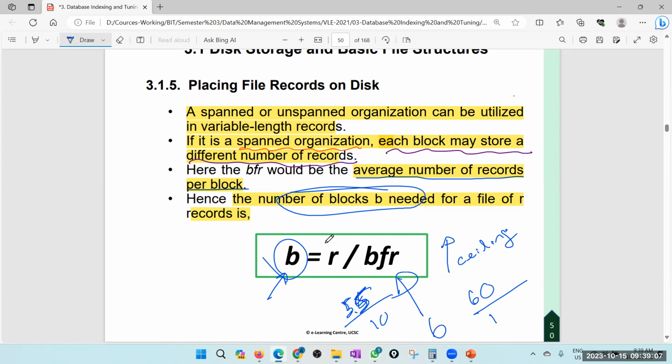Okay, so these are not difficult things. They are very simple calculations, but things will get more and more complicated when we go into indexing, multi-level indexing. So it's super important that you understand these things properly. We are still not in the complex area, still in the very simple area.